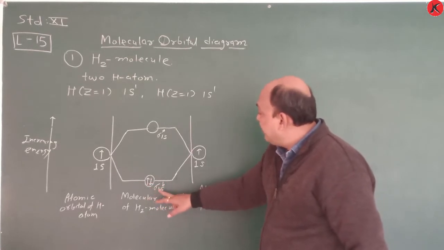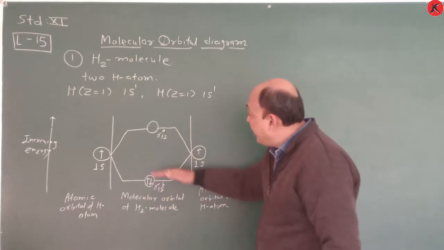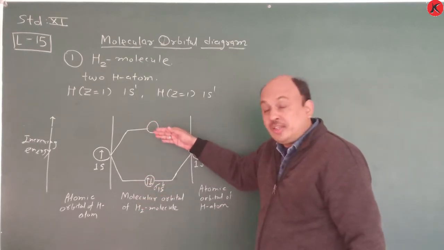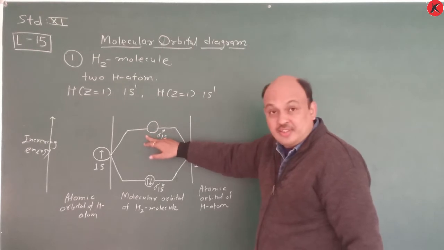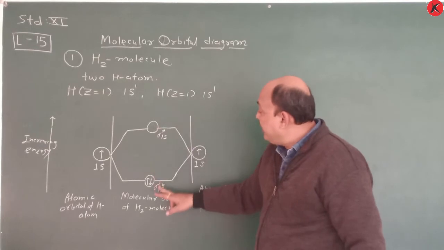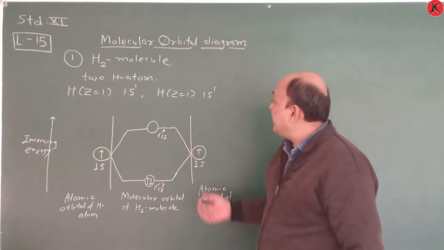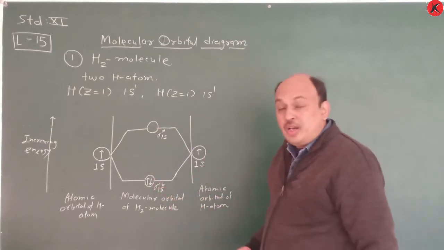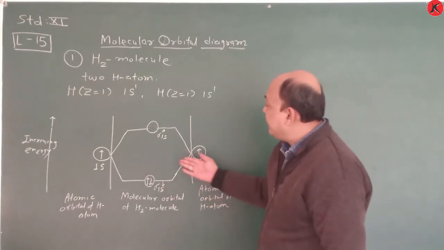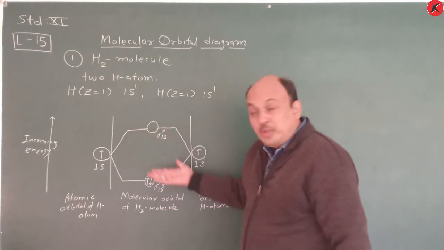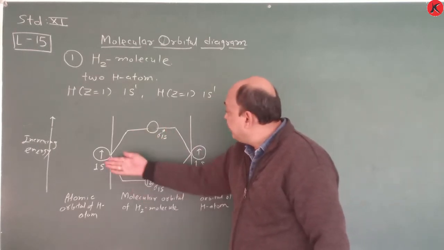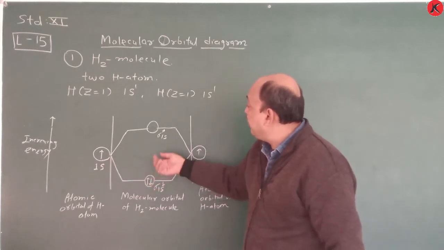The energy of the bonding molecular orbital decreases, and the energy of the anti-bonding molecular orbital increases. ABMO is the short form for anti-bonding molecular orbital, and BMO for bonding. Then we have to find the bond order. This is the molecular orbital diagram of the H2 molecule, and if you draw this, you get perfect marks.